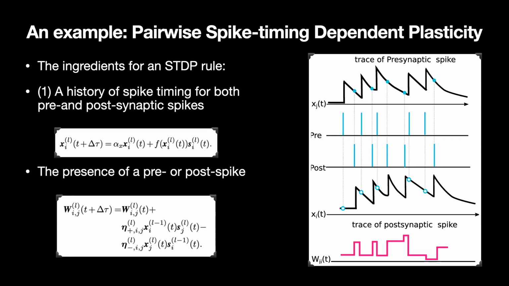S sub j is the postsynaptic spike and X sub i is the presynaptic trace. So when the postsynaptic neuron spikes and the presynaptic trace has a large value, then the synapse gets larger. When the presynaptic neuron fires and the postsynaptic trace is large, then it shrinks.